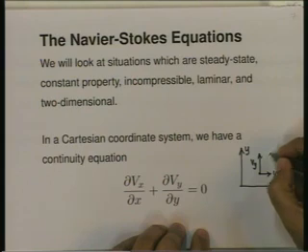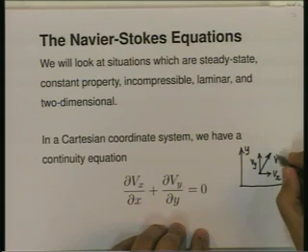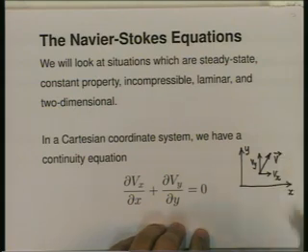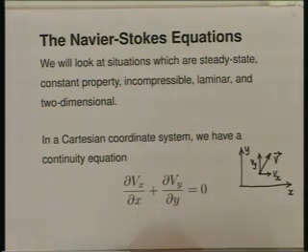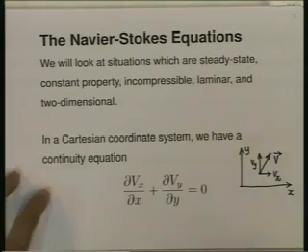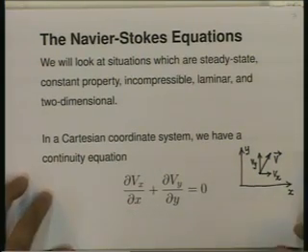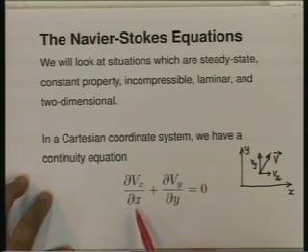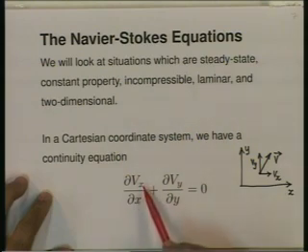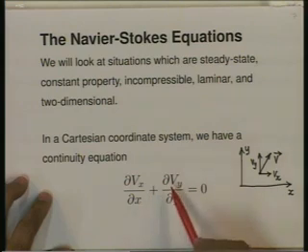If you want to show the resultant velocity, V will be a vector. The continuity equation representing conservation of mass in this simplified case looks as follows: partial derivative of Vx with respect to x plus partial derivative of Vy with respect to y is 0.